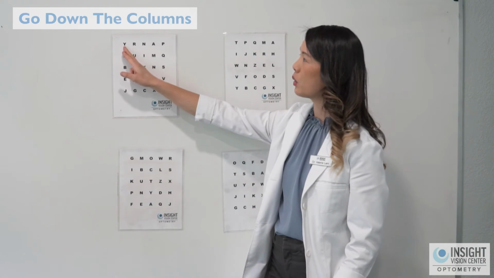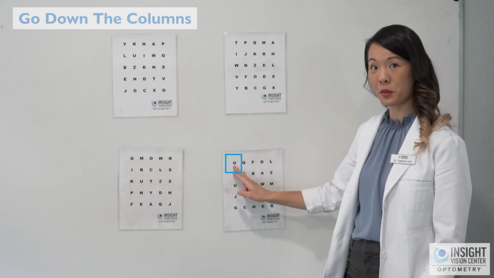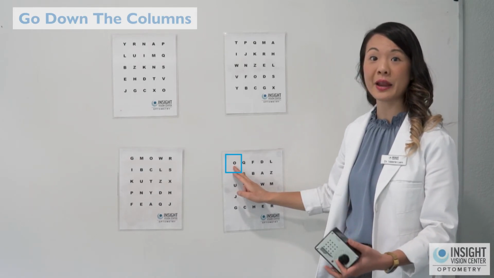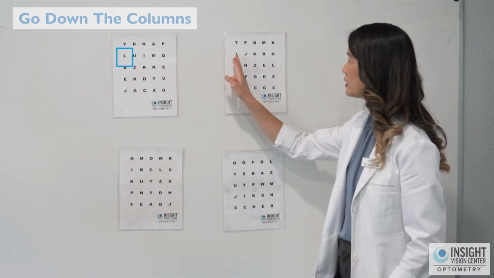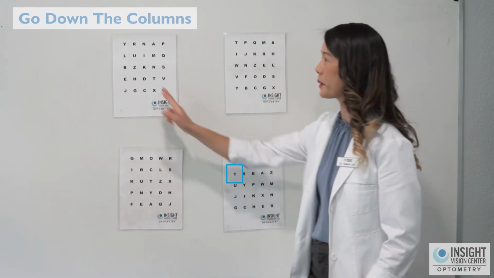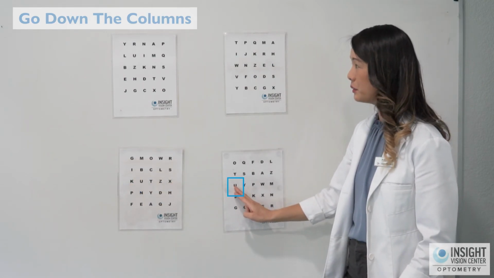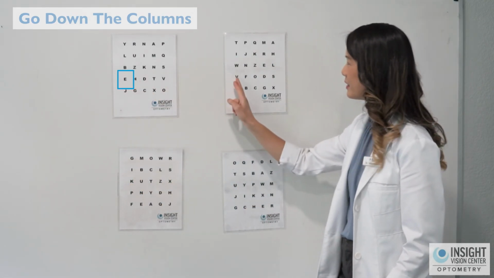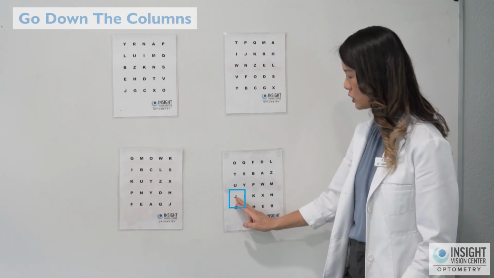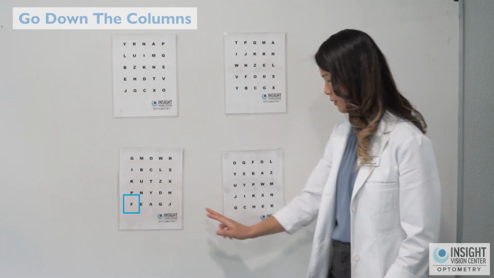So that would be Y to T, G to O, but then you do the next letter down. L to I to T. Next letter. B to W, K to U, E to V, P to J, J to Y, F to G.